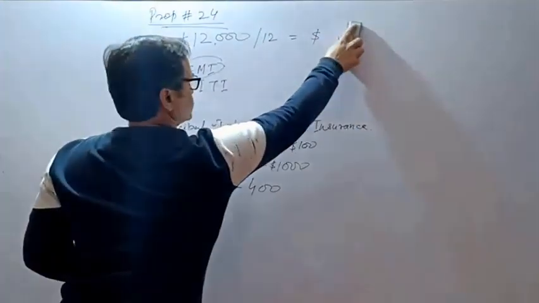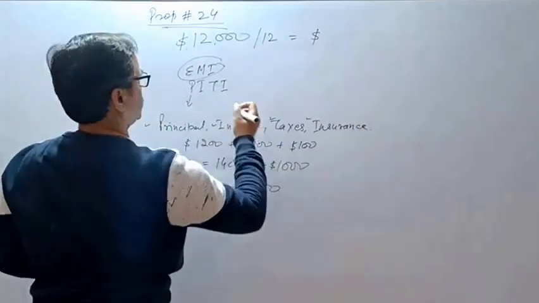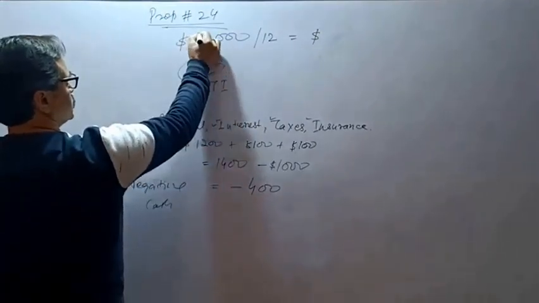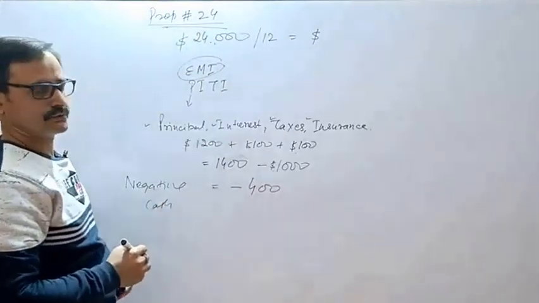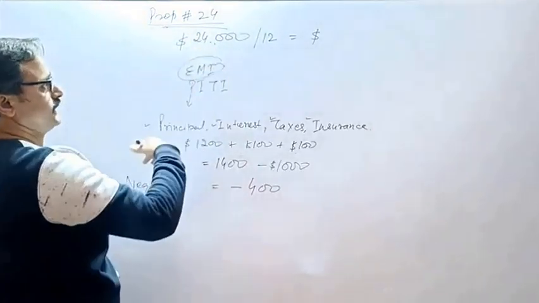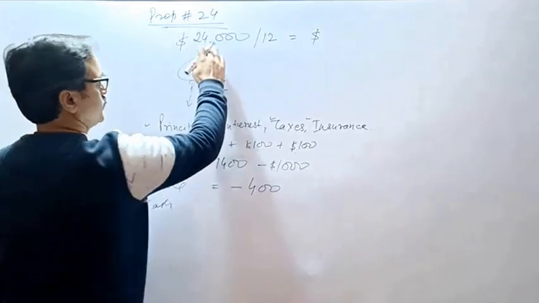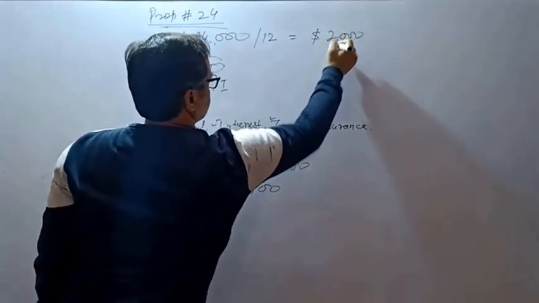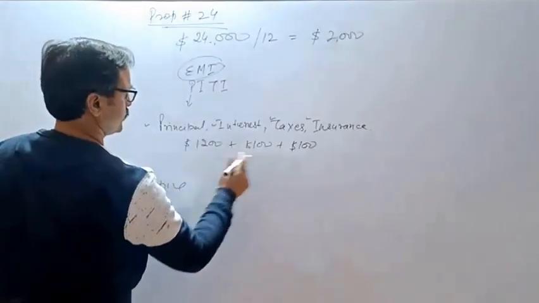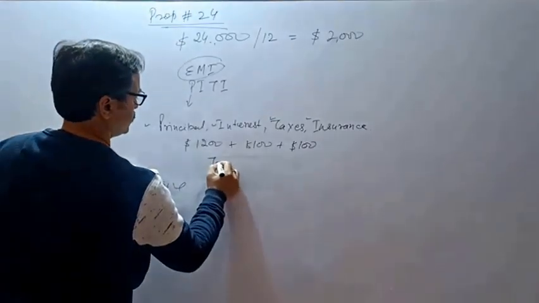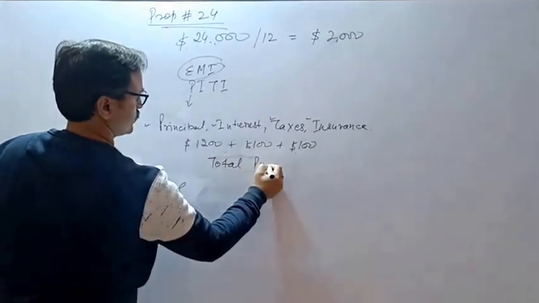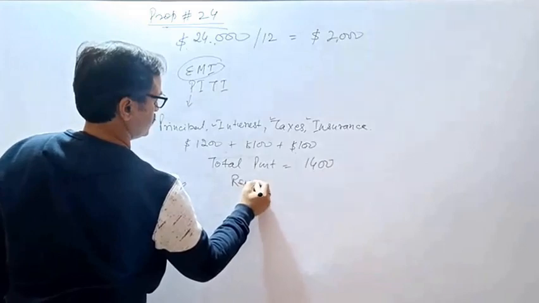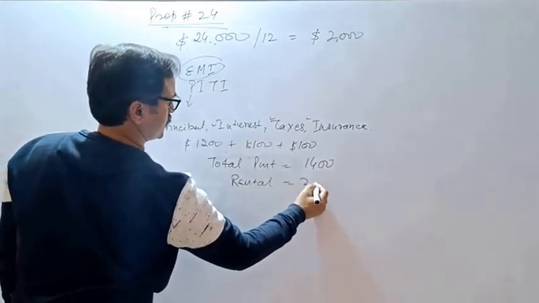In the other case, let's assume the property received 24,000 throughout the previous year. So 24,000 divided by 12 means 2,000 per month. In that case, the total payment is 1,400 and the rental is 2,000.